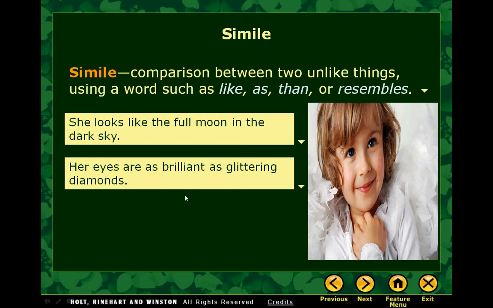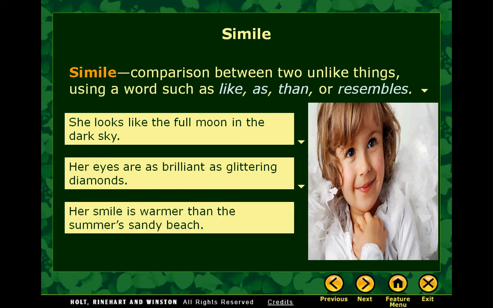The eyes have nothing to do with the diamonds, so it's a kind of comparing things here or making resemblances between things. Her smile is warmer than the summer sandy beach. The word than here, as you can see, is preceded by a comparative adjective, and this comparison evokes resemblance or similarities between things. In this case, her smile and the sandy beach.